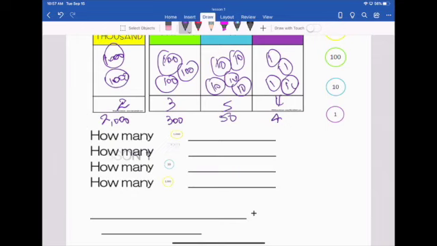So how many 100s? We have 2. How many 1000s? We have 3. We have 5 tens, and we have 4 ones. This is 1, 10, 100, and 1000.